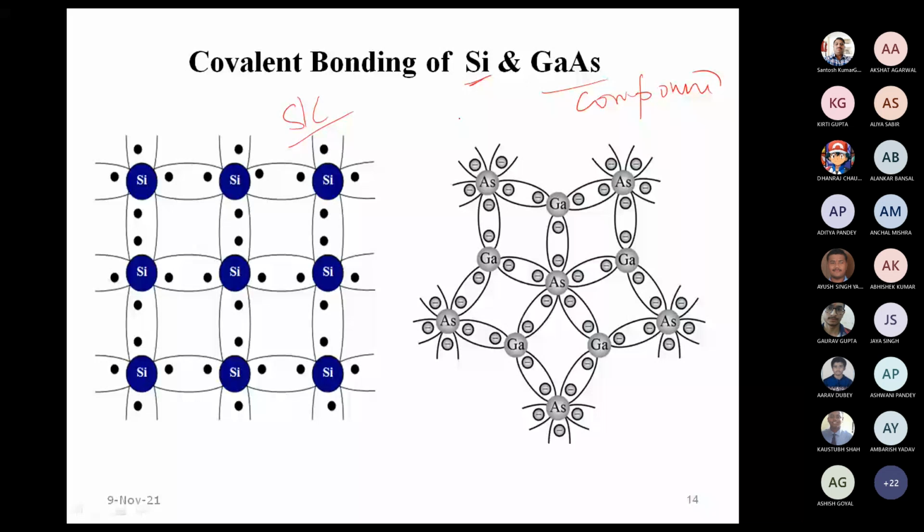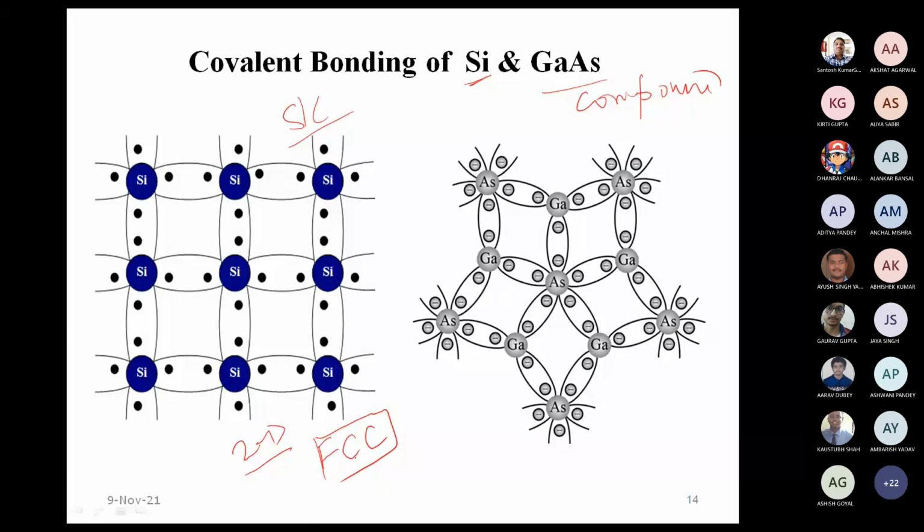If we look at the bonding of silicon, this is actually a two-dimensional picture for simplicity. In 3D, it is something called 2 FCC lattices intersecting each other. FCC stands for face centered cubic.